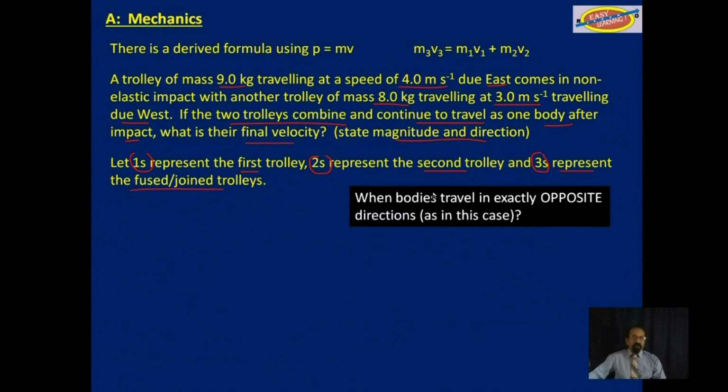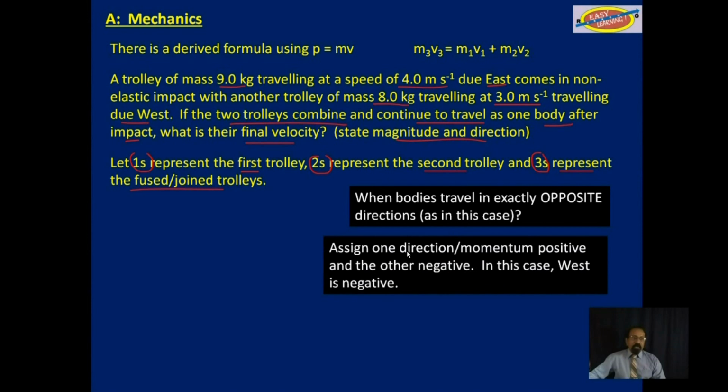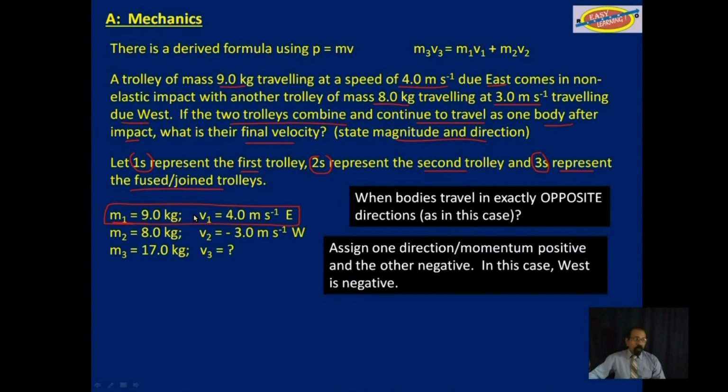So when bodies travel in exactly opposite directions, as in this case, we assign one direction or momentum positive and the other negative. In this case, we will assign west as negative. That trolley, the ones, is traveling east. Its velocity is positive.